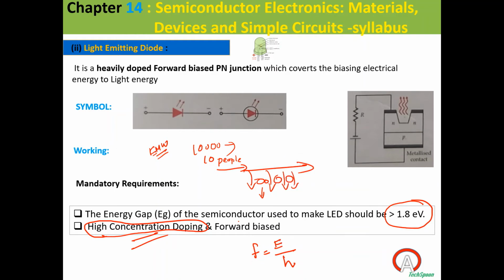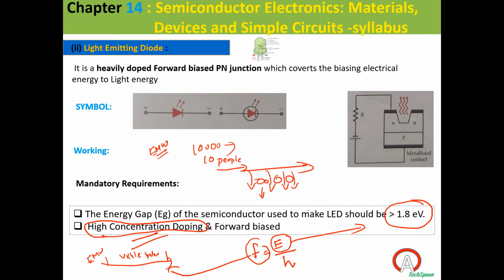There is the electromagnetic spectrum, and if you want to get the visible spectrum, the frequency within this spectrum requires the energy to be equal to 1.8 electron volt. Then only will we get the frequency within this spectrum. Clear?